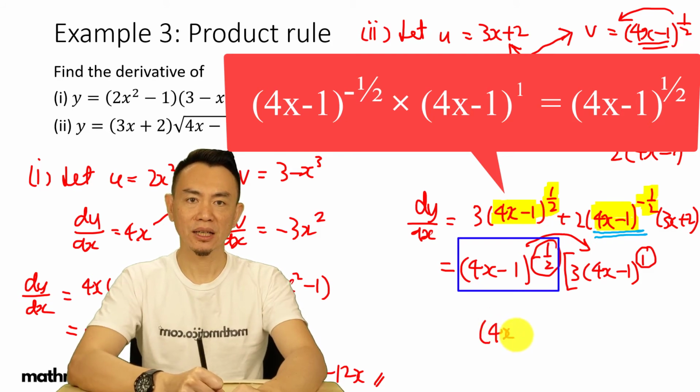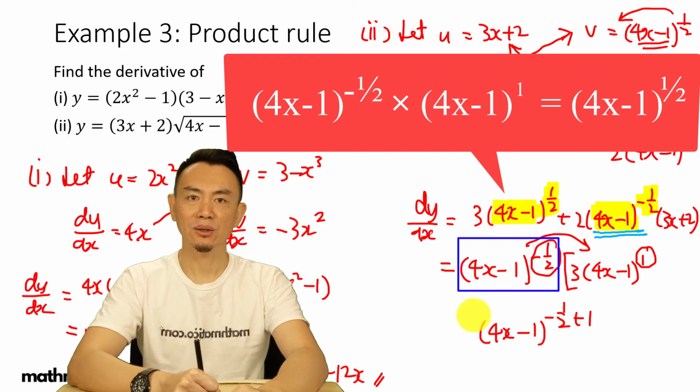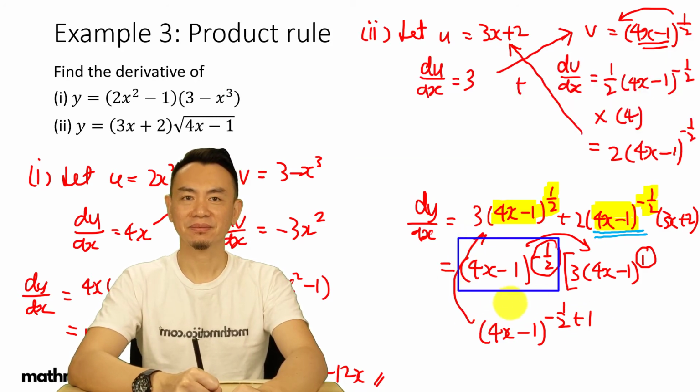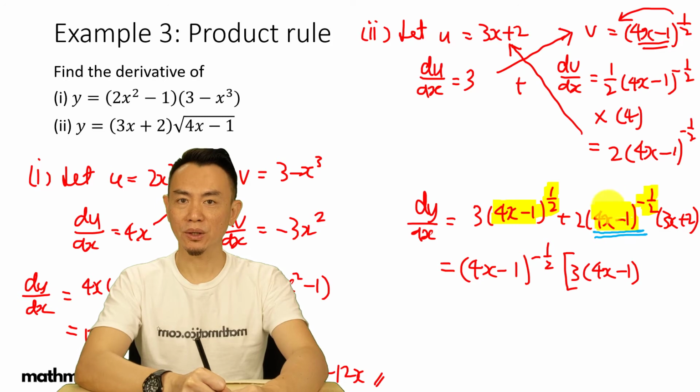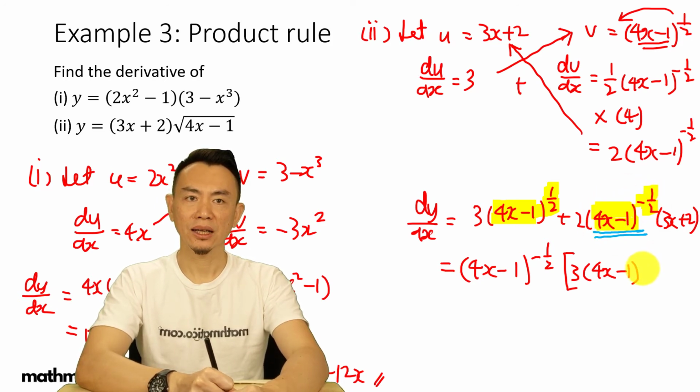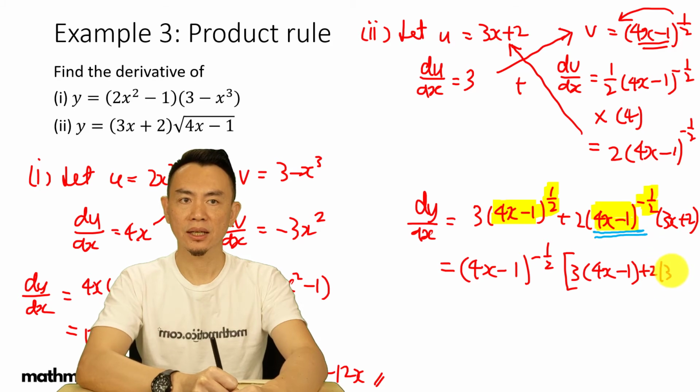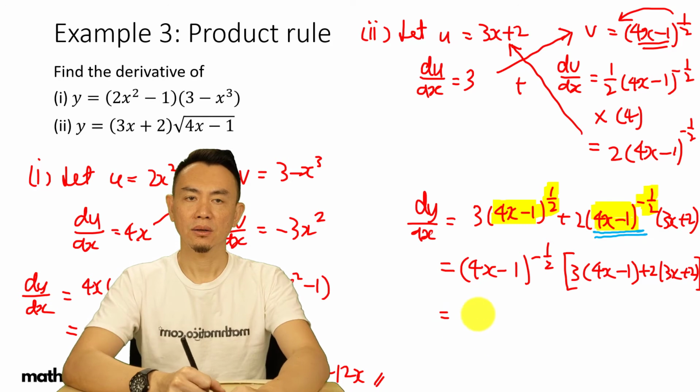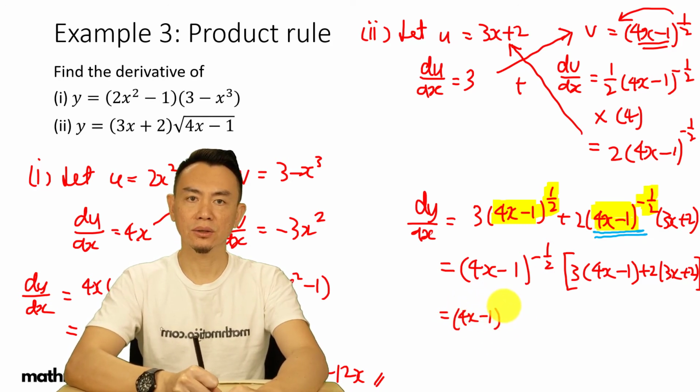So you will actually have 4x minus 1 to the power of negative half plus 1. Okay, and you get back this. For this one, it's pretty straightforward because you factor out the 4x minus 1 to the power of negative half. What you're left with is 2 times 3x plus 2. Alright, so we just need to leave this alone.